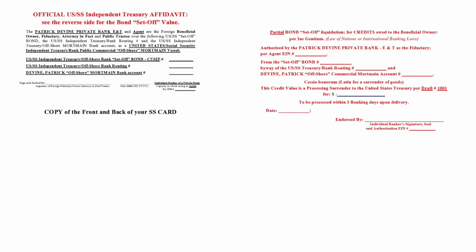Therefore, they cannot tax the private. They can't tax you as the living. But you need to have your interface person, your individual banker, be the go-between to bring it from the public into the private.